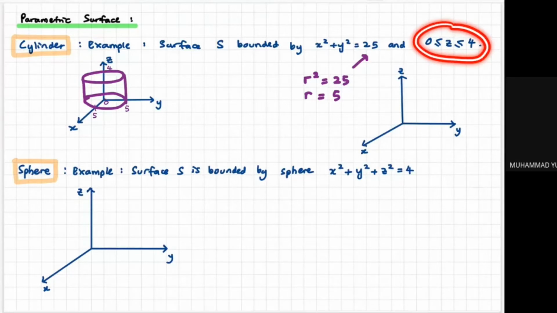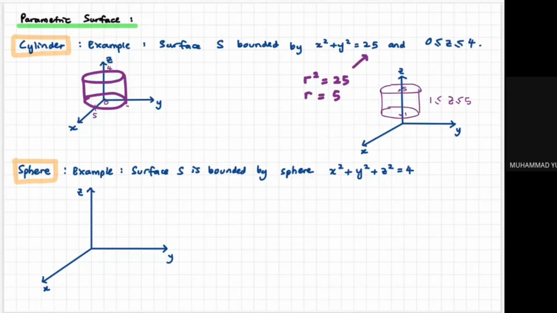Let's say you have z from 1 to 5. Your cylinder will be like this: here is 1, and the height of your cylinder goes from 1 to 5. Another example of a parametric surface is the sphere.